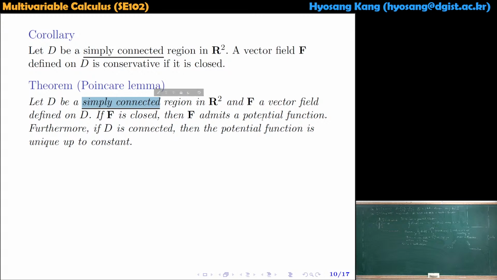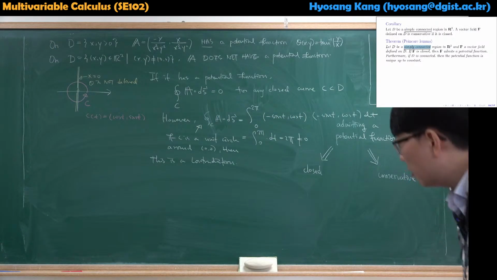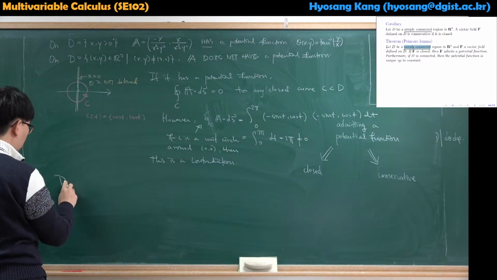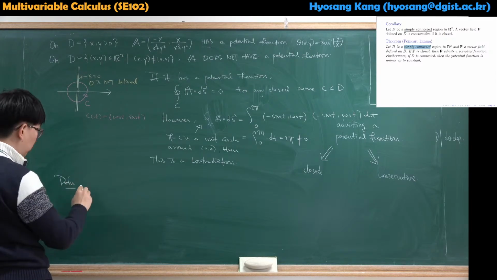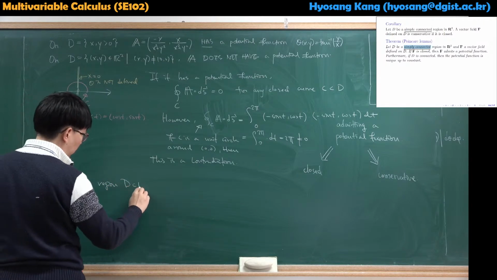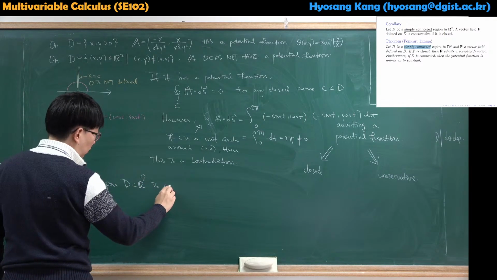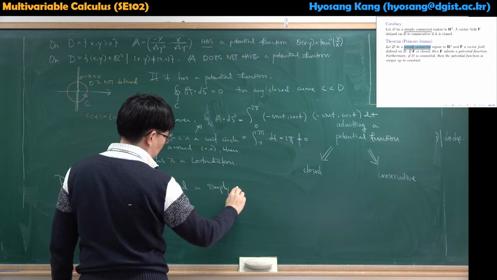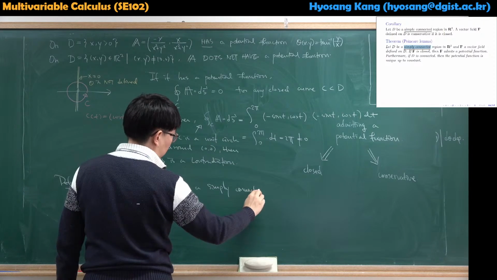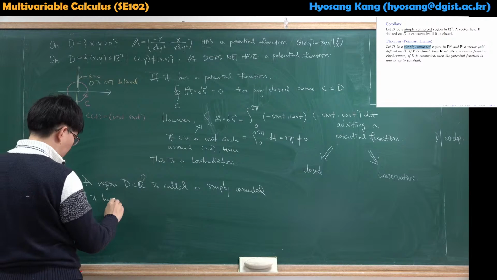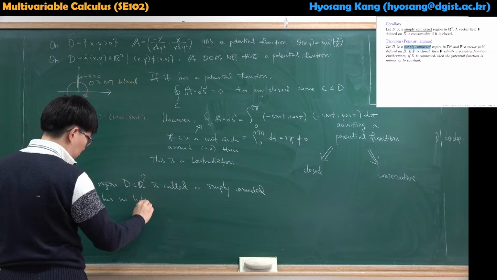So what is simply connected? An easy definition: a region D inside of R2 is called simply connected if it has no hole.